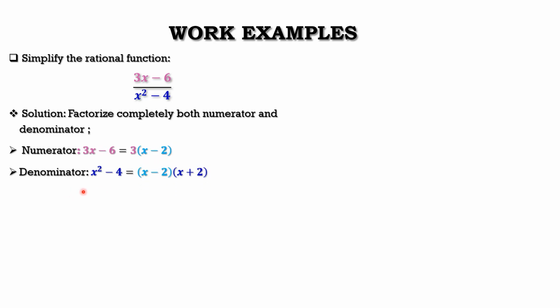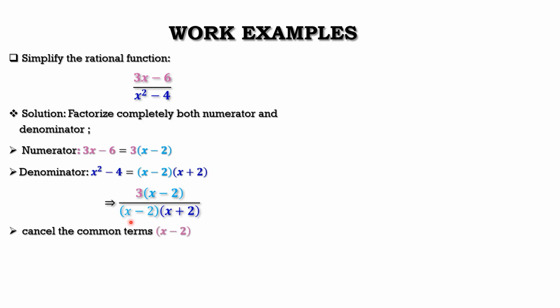Then you also look at the denominator, which is x squared minus 4. It can also be factorized as x minus 2, x plus 2. So this expression can be rewritten as 3 bracket x minus 2 divided by x minus 2, x plus 2. Look at the light blue color here.